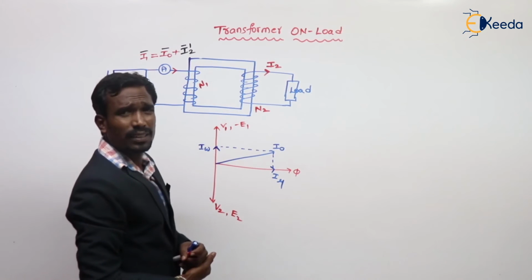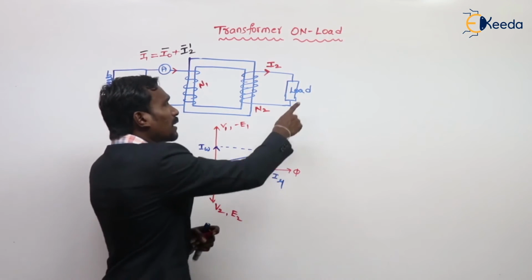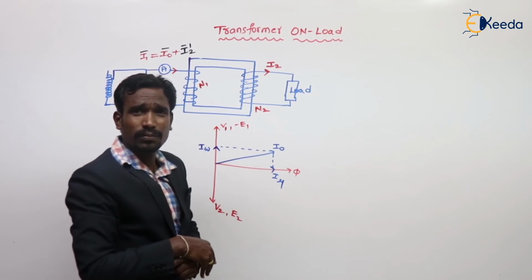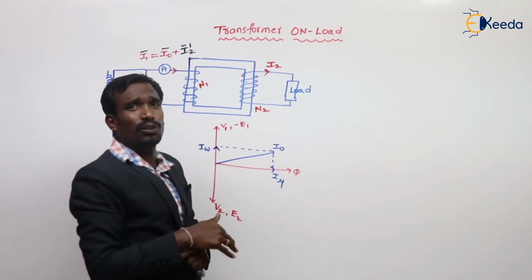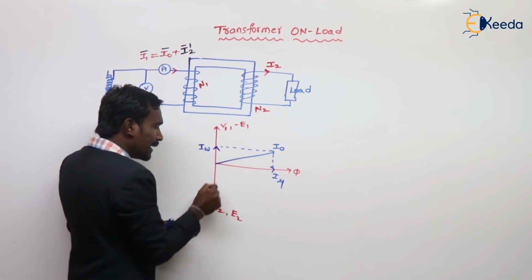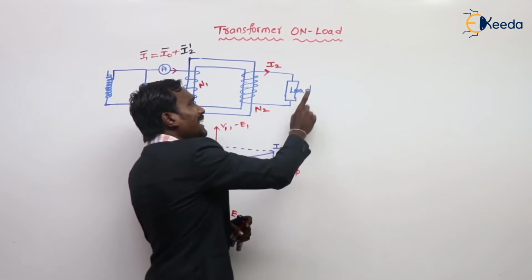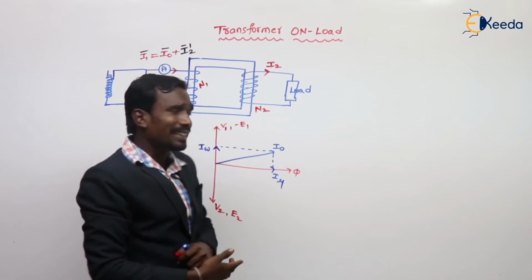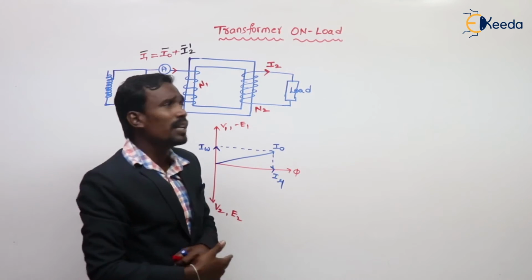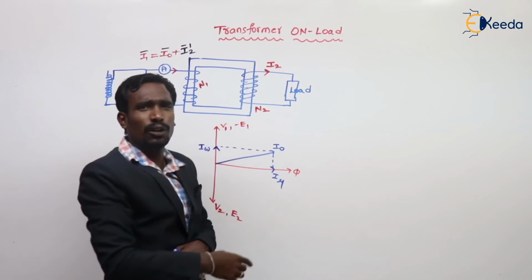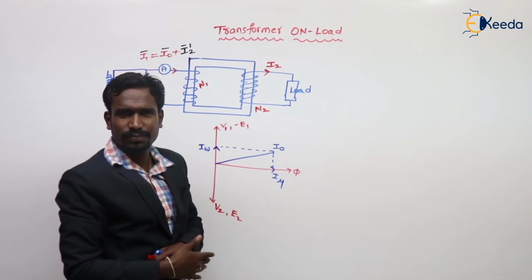If it is a purely resistive load, my I2 is in phase with V2. If it is a purely inductive load, 90 degrees lagging. If it is a purely capacitive load, 90 degrees leading.